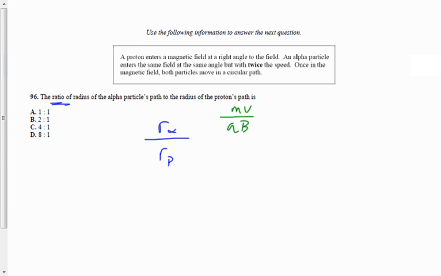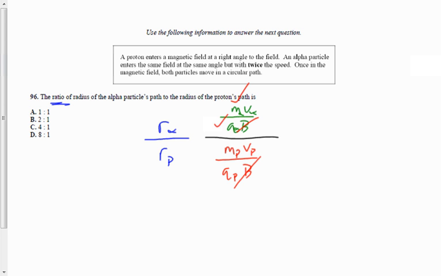The mass of the alpha particle, velocity of the alpha particle, charge of the alpha particle, and the magnetic field strength is just the magnetic field strength. Proton, same thing: m proton, v proton, q proton, B. The B cancels because it's the same magnetic field. You've got the values for m and q.